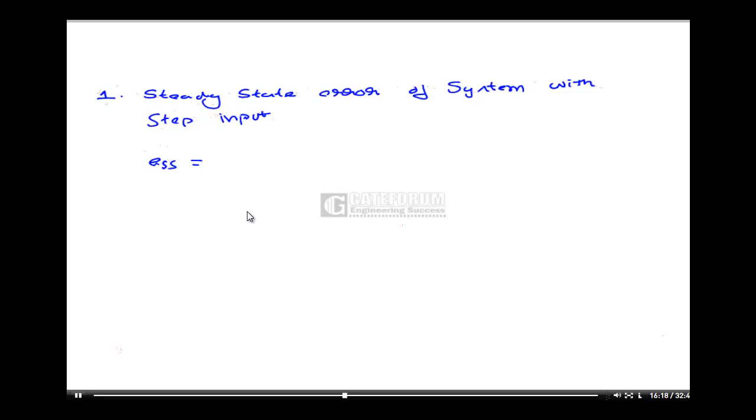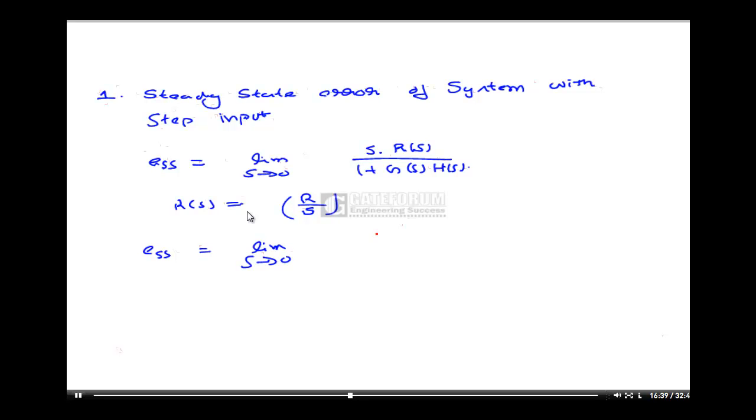We know e_ss is equal to the limit s tending to 0 of s R(s) upon 1 plus G(s)H(s). Now R(s), since it is a step, will be R by s. So e_ss becomes the limit s tending to 0 of s into R by s upon 1 plus G(s)H(s). Okay, this s and this s get cancelled, so this will be the limit s tending to 0 of R upon 1 plus G(s)H(s).